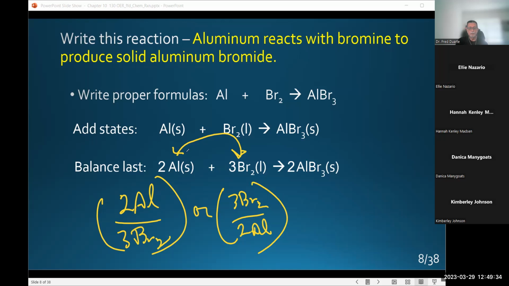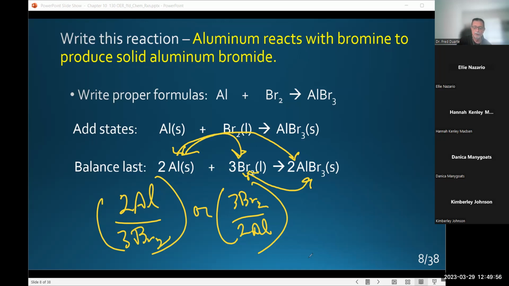The ratio between aluminum and aluminum bromide is 2-to-2, or 1-to-1. And from bromine to aluminum bromide is 3-to-2. So those coefficients will be very important when it comes to doing calculations.